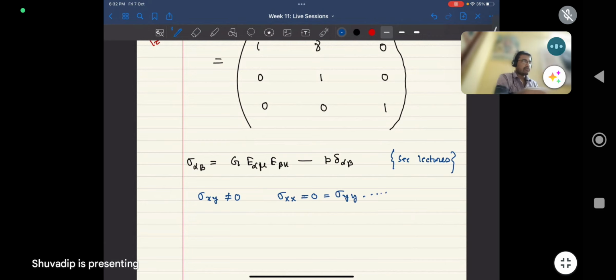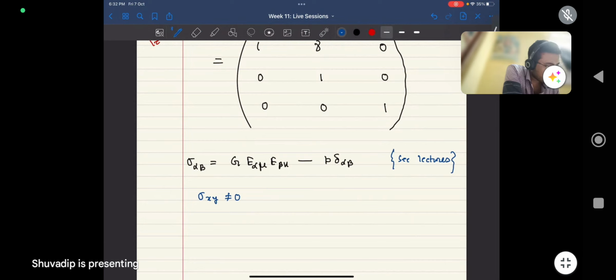So if I put alpha equal to x and beta equal to y, then immediately the term related to pressure will be 0. But we want to calculate the pressure here. So we will use the information that all the other sigmas are 0 to calculate the pressure. So we will write down what is sigma xx from this.